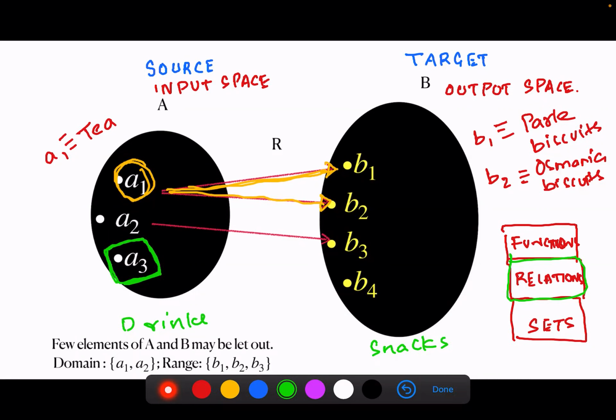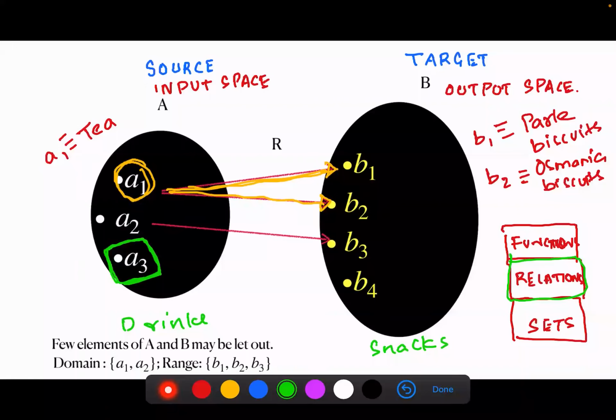So I left it out. Do you like Karela juice? I don't know. I had it once, but I did not like it. So the idea is, if you have some element which is not connected, it cannot be part of your domain. Domain is the set of elements in the source set which are connected with the elements in the target set.